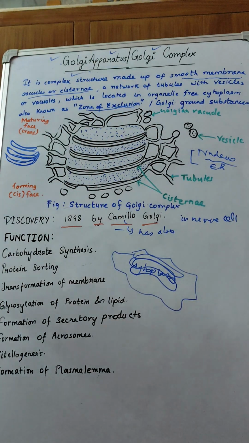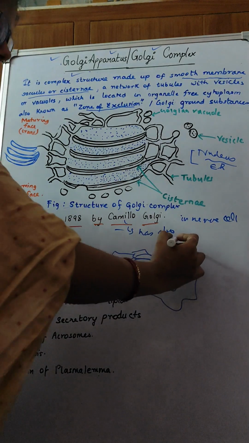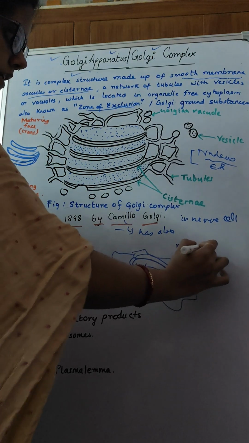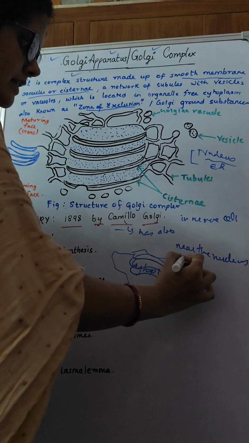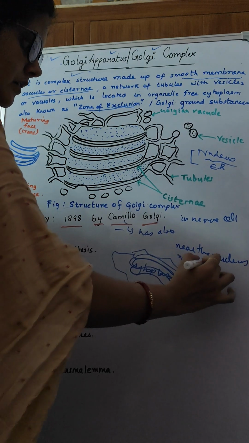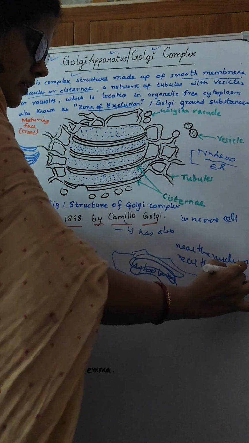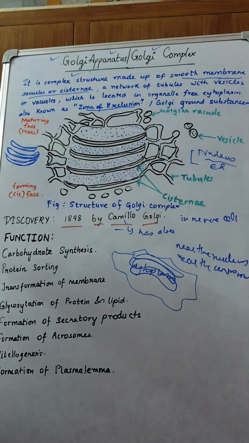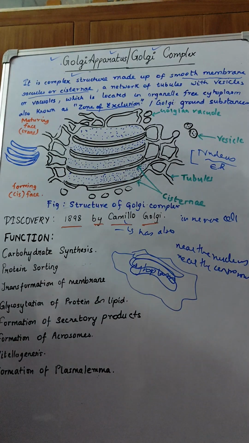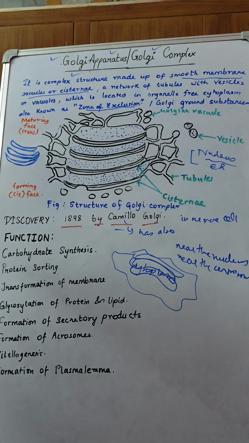So wherever the Golgi apparatus is located, generally it is present near the nucleus and near the centrosome. This is the location of your Golgi complex. Now this Golgi complex consists of stacked cisternae, which will also contain a network of tubules.